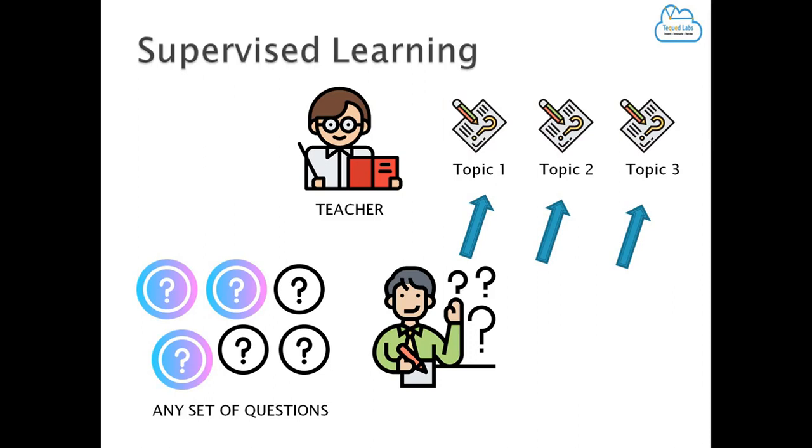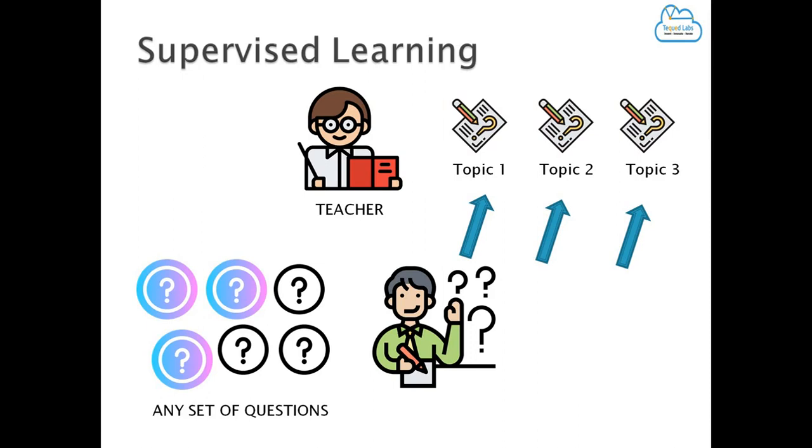You know the answer is in topic 1, topic 2 or topic 3, but you need to correlate the questions with the answers: which question is about topic 1, which about topic 2, which about topic 3. The thing about supervised learning is your teacher has already supervised and told you these are the only topics that will be asked in the exam, so you need to map the questions.